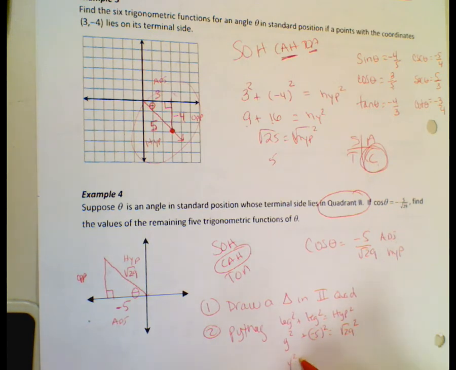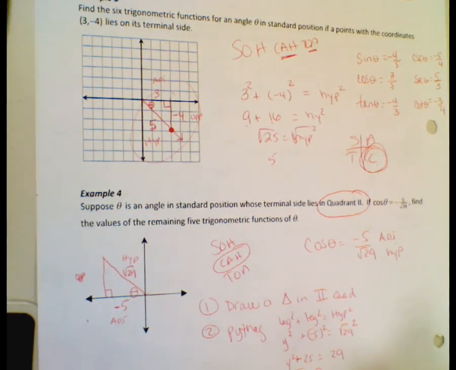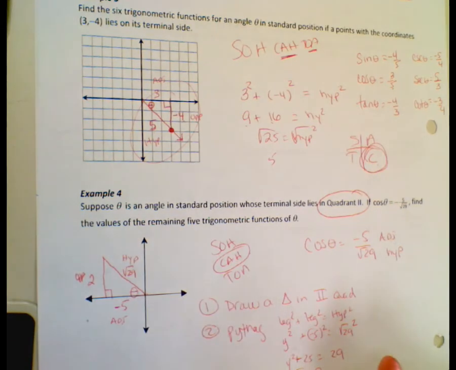So we have y squared plus 25 equals 29. So y squared equals 4, and y, if you square root, is 2. Now this could be a 2 or a negative 2. The legs can be positive or negative, but the hypotenuse has to be positive. But in this case, because we're going up, it is positive. It could have been positive or negative 2, but we're choosing the positive because it went up.